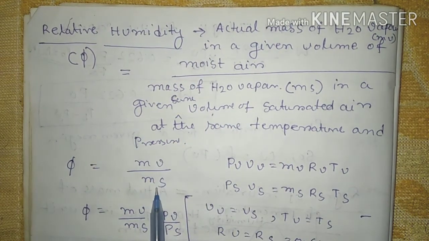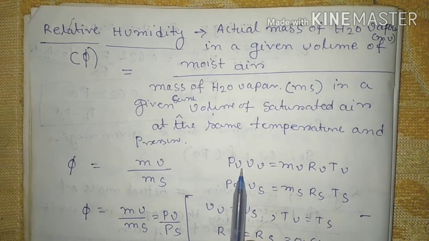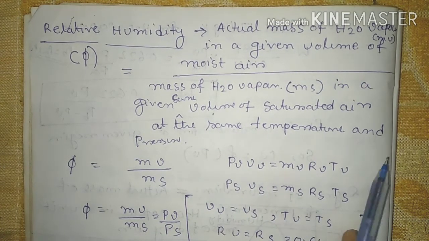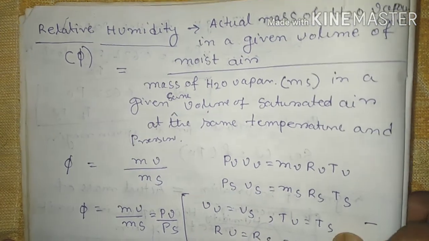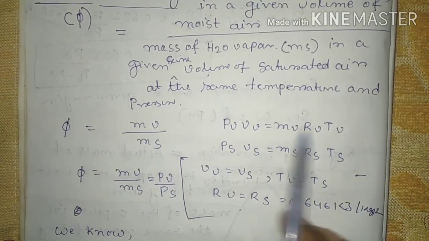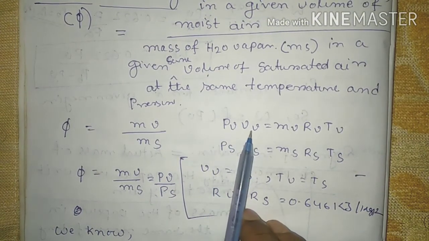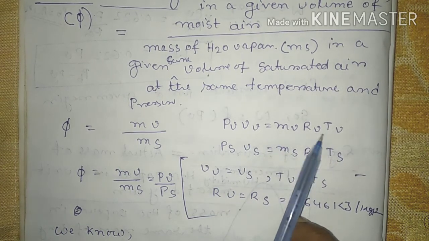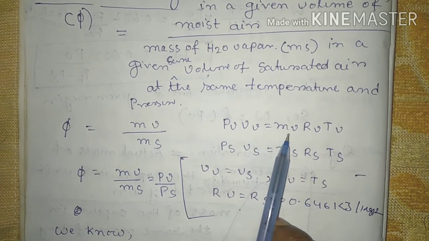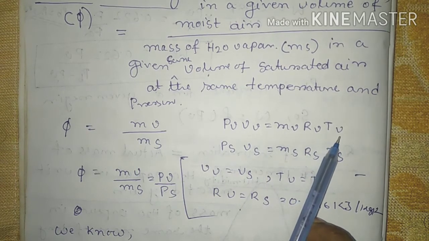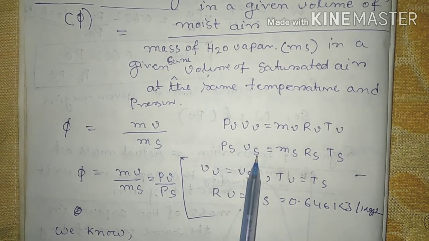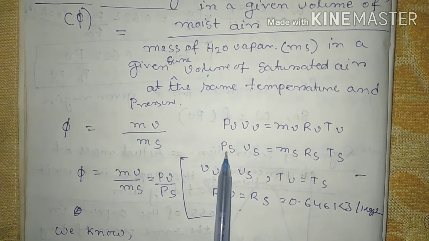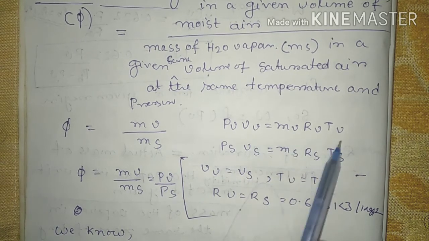As you know, mv by ms follows the gas equation, so PV, VV, and all this terminology, pressure, volume, mass, gas constant, temperature, correspond to vapor, where the V suffix indicates water vapor and S indicates saturated air.